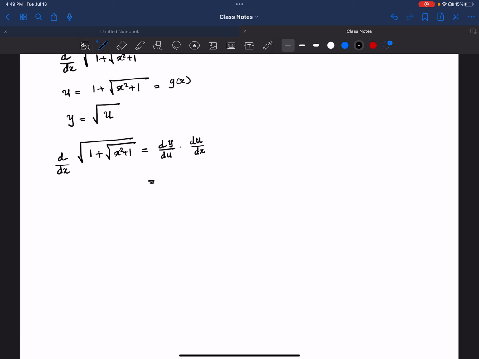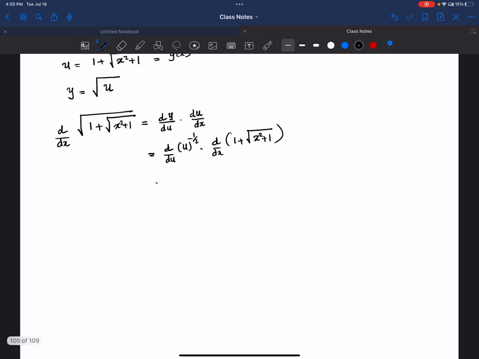This is d over du of u to the power half, times d over dx of 1 plus x squared plus 1, and this is negative half times u to the power negative half minus 1, right?